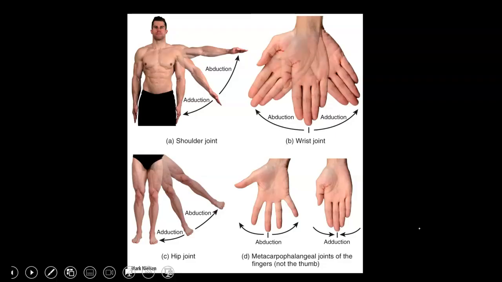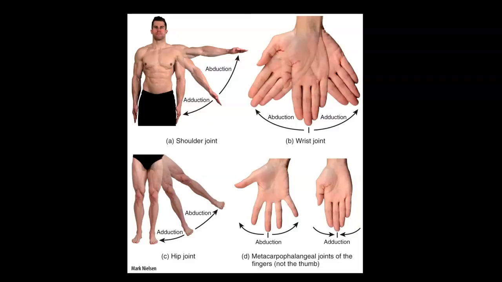Another type of movement is referred to as abduction and adduction. This would use the shoulder joint. So think of doing jumping jacks. So if your arms are going up, they are abduction. If they're coming back towards the body, they're referred to as adduction. Looking at the hand with the wrist joint. If you move the hand away from the body, that's going to be abduction.